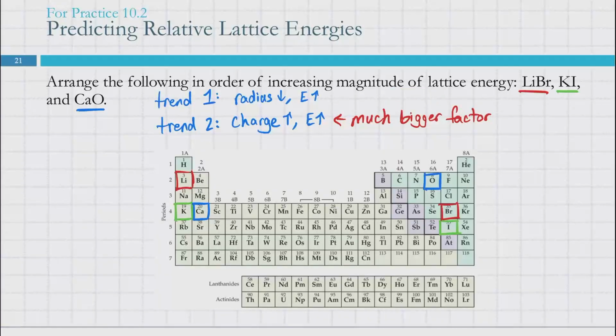So let's look at our different ionic compounds. What charges do we have for these? The lithium bromide, right? Lithium is over in our first column. It's going to be a 1+ charge. For potassium iodide, potassium is going to have a 1+ charge. And bromine and iodine are each going to have a 1- charge.